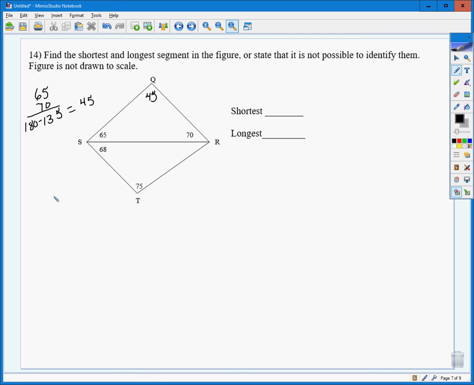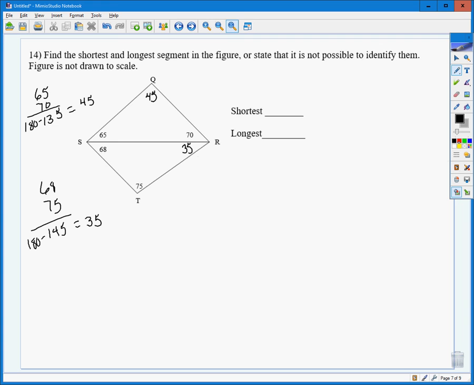In the bottom triangle, I've used up 68 and 75. So I have used up a total of 145 degrees out of the 180, which means this bottom one had to be 35 degrees.